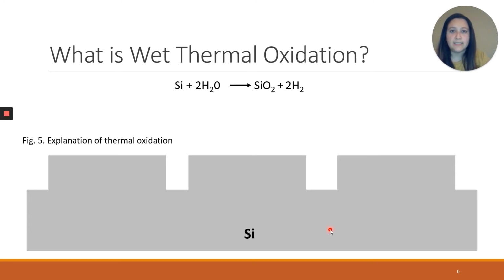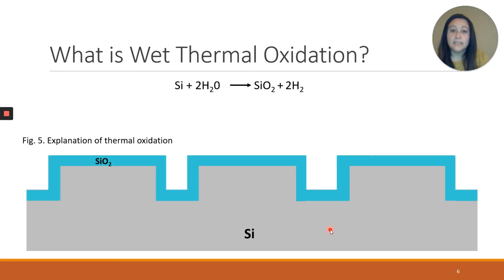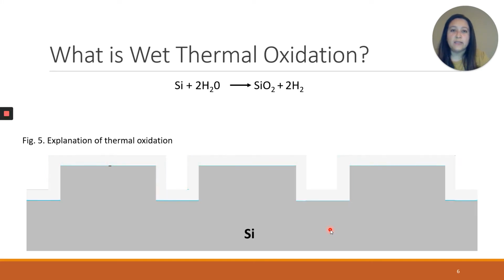I place that into the thermal oxidation furnace, into that quartz tube, heat up that furnace to 1000 degrees, allow the water vapor to flow through, and a silicon dioxide layer is then grown. Then from there, I can take that into the nanofab, remove the silicon dioxide layer using hydrofluoric acid, HF, and now these trenches are thinner and smaller.